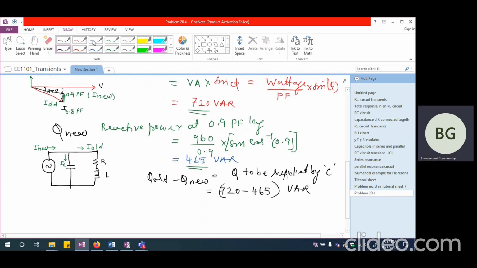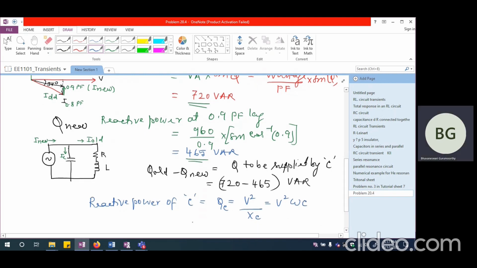Now, you can say that the reactive power of C will be QC, which is actually V square divided by XC, which is V square omega C. So V square in this particular case is 120 square.